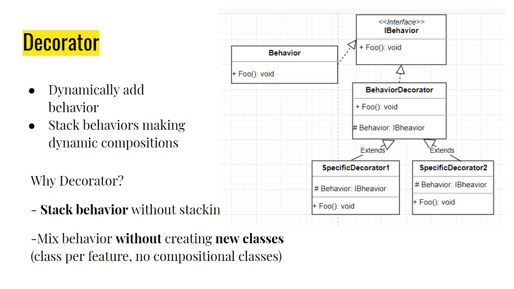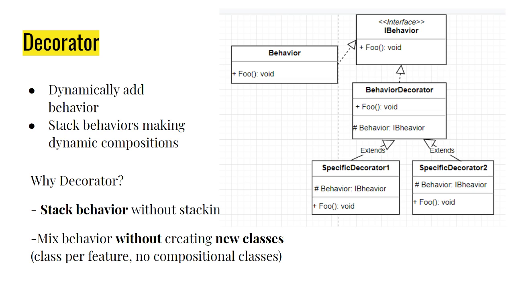How does that happen? What does that mean to decorate the behavior? Well, basically with Decorator, you can stack behaviors by putting it at the start or at the end of a method. Preferably at the end. Like after something happens, you can do something more.